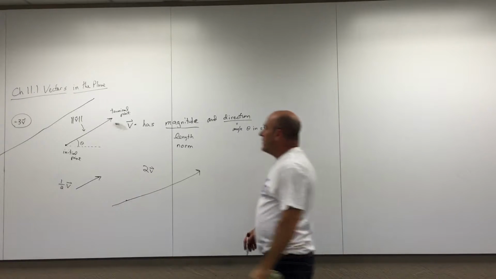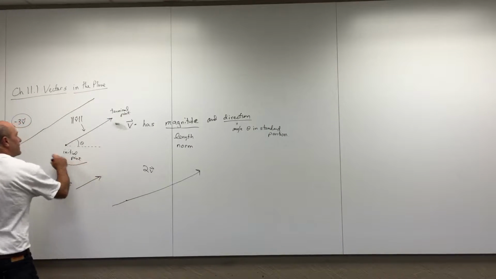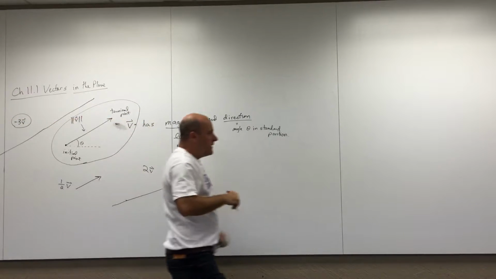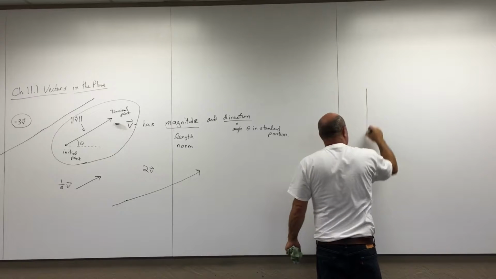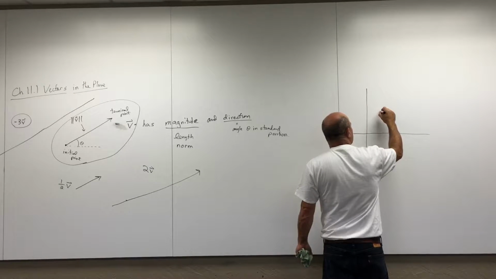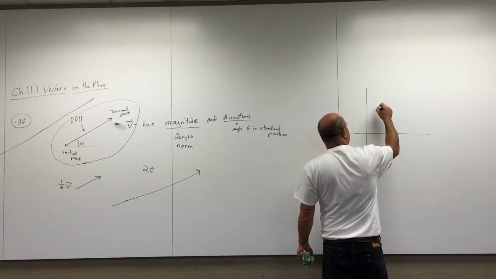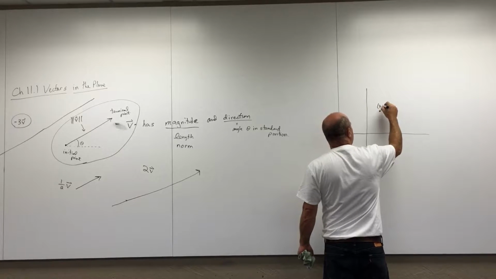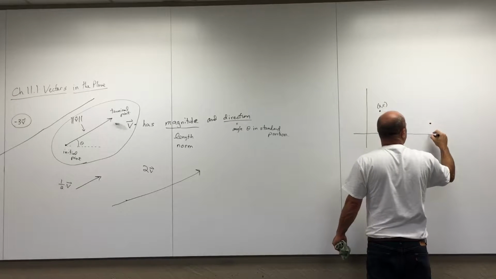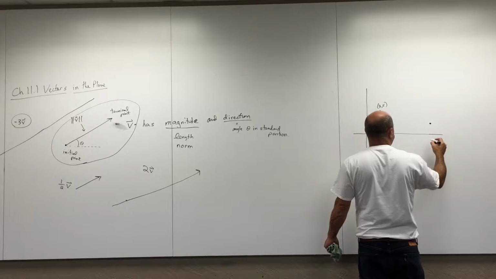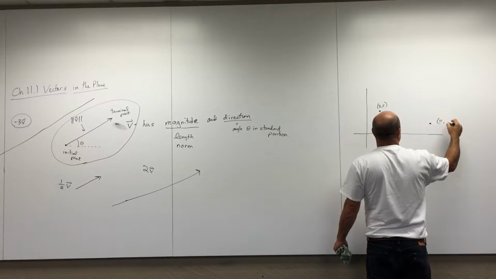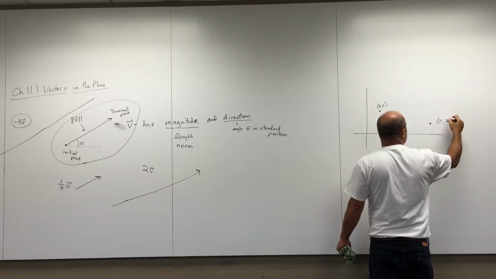Now let's get back to how we started originally. I said you have an initial point and a terminal point. The homework starts with something like this. Here I am at the point 2, 5, and here's another point, 11, 2.